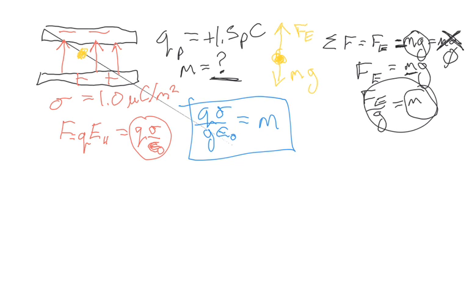So we know the charge is 1.5 picocoulombs. That's times the 1 microcoulomb per meter squared charge density. And then we'll divide that by g, which we'll assume to just be 9.81 meters per second squared.